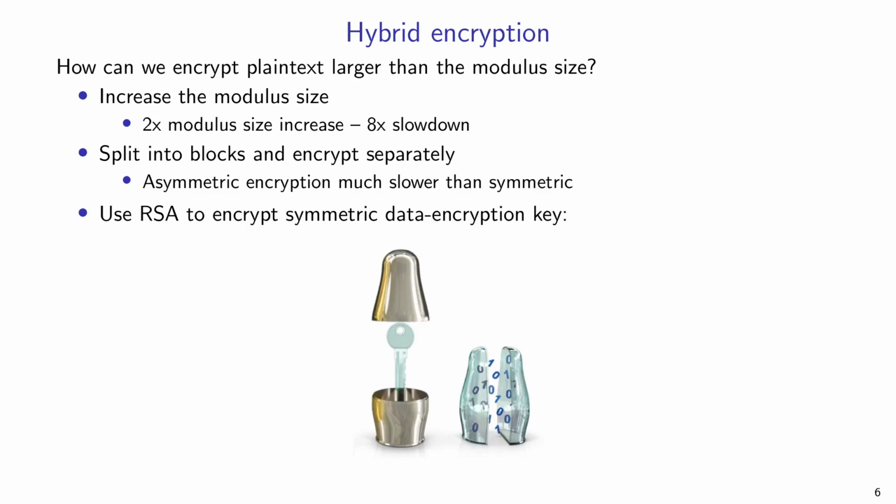The recipient will first use their RSA private key to decrypt the symmetric transport key, and then use the transport key to decrypt the actual data encrypted using a fast symmetric encryption scheme. Usually, when RSA is used for encryption, we will not see plain text directly encrypted using RSA. We will see this type of hybrid encryption scheme where RSA is only used to encrypt a symmetric transport key.